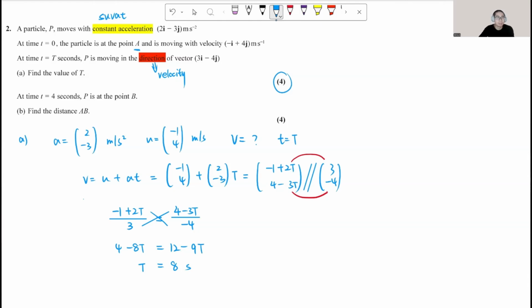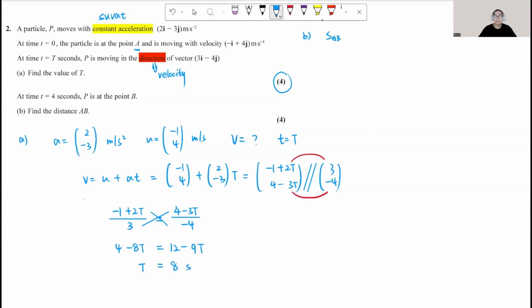And then let's have a look at part B. At time t equal to 4 seconds, P is at the point B, and we want to find the distance AB. So if we're looking for the distance AB, first we need to find the displacement of AB.